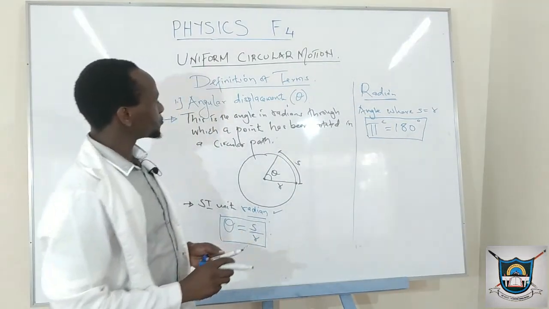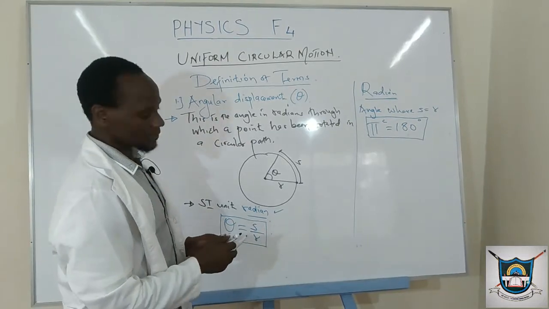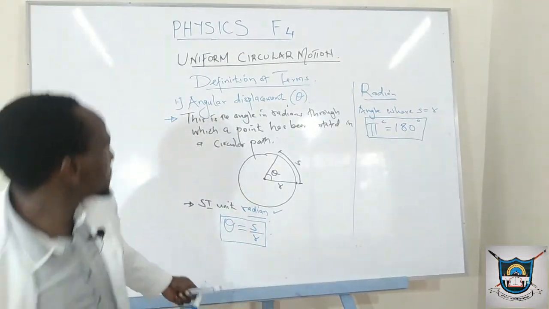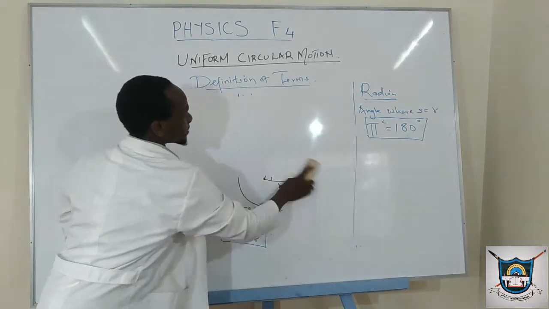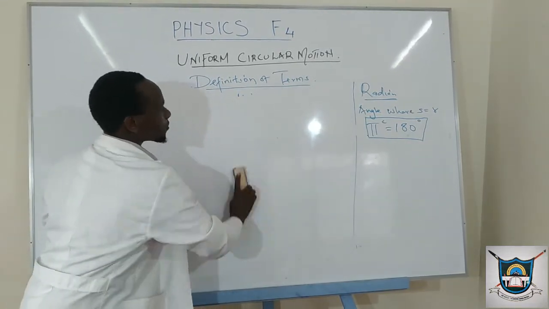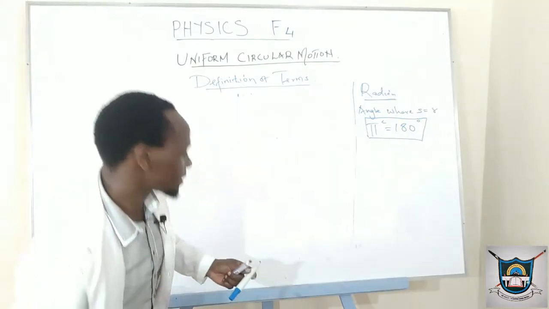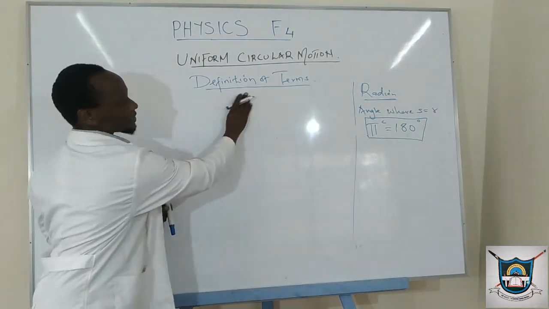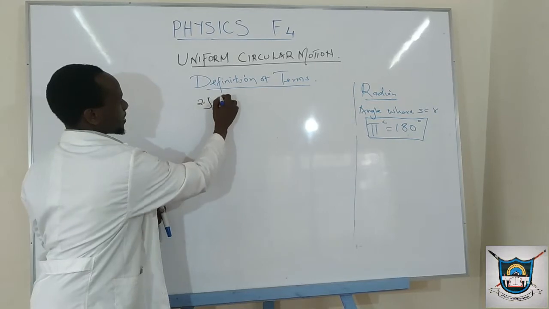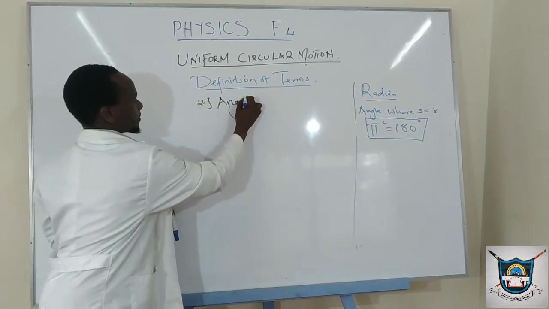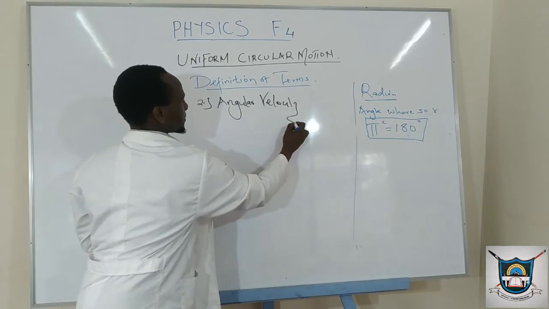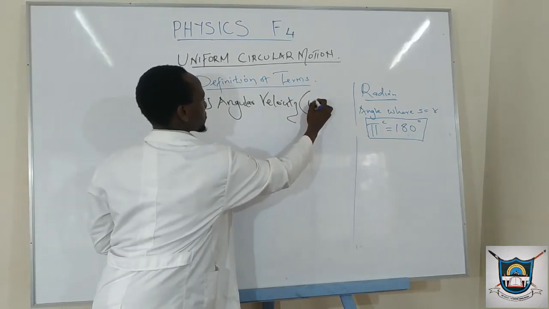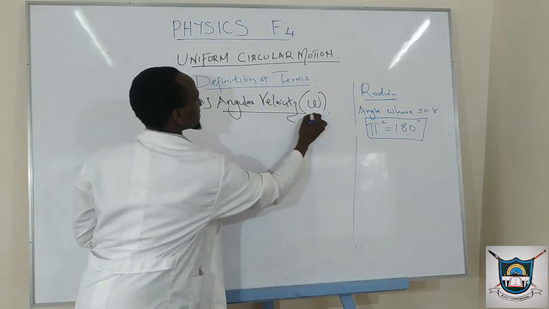So we want to move on to another definition. The second definition is what we call angular velocity. Angular velocity is omega; we use that symbol omega.